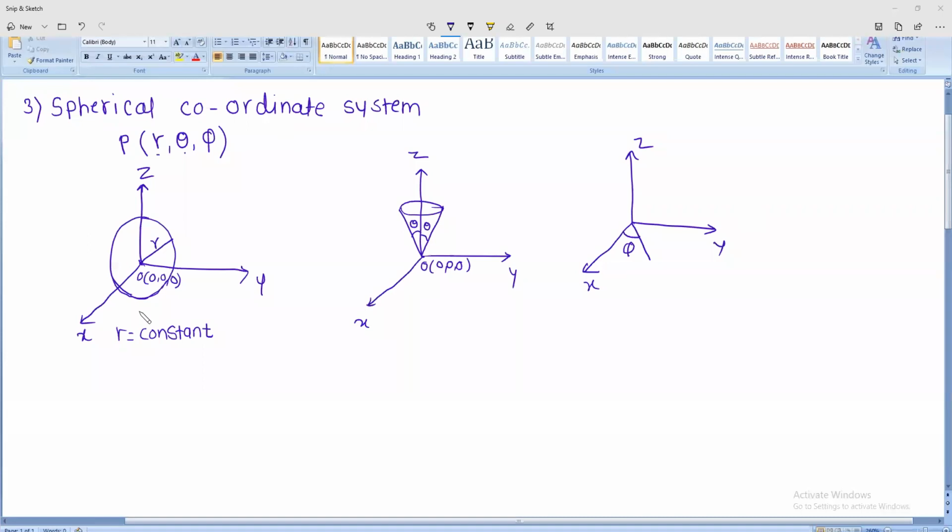That ball may be of how much radius? Is there any limit to the radius?